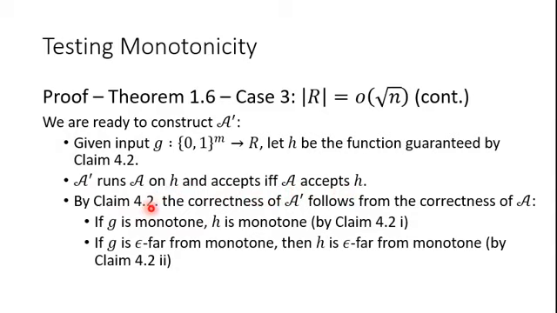Now by claim 4.2, the correctness of A prime immediately follows from the correctness of A. Why? Because if g is monotone, we saw that h is monotone by claim 4.2.1. And if g is epsilon far from monotone, then we saw that h is epsilon far from monotone as well by claim 4.2.2. So therefore, the correctness of A prime immediately follows from the correctness of A.